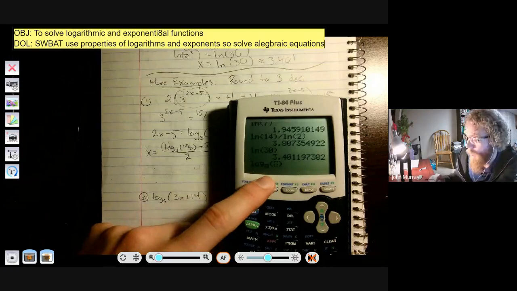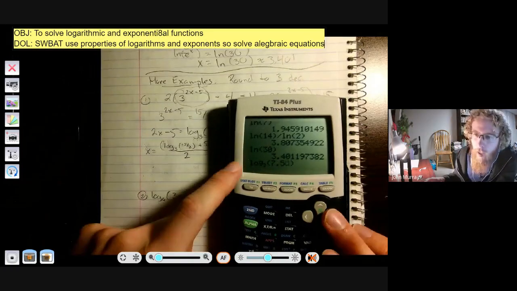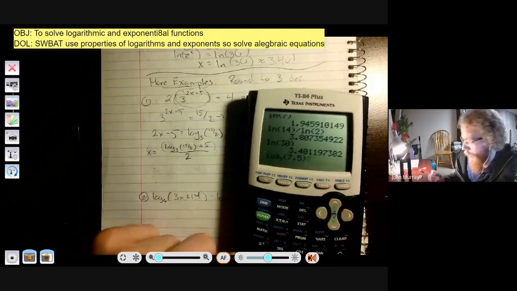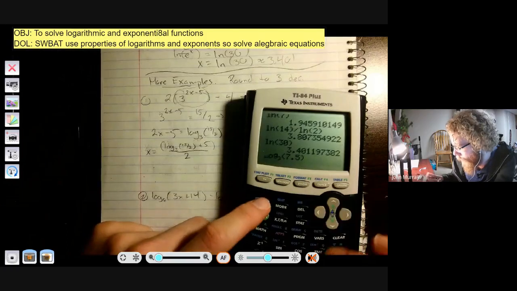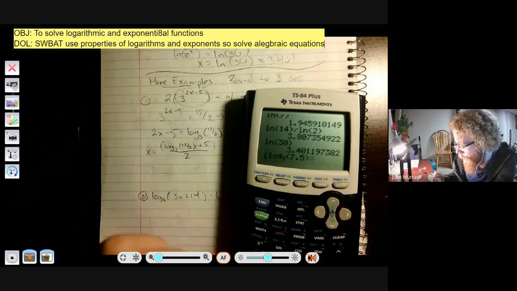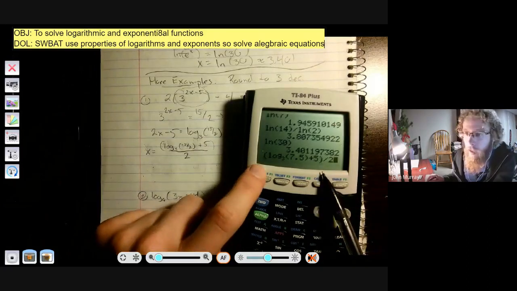So you can enter log base 3. I'm going to type in 7.5, which is the same as 15 divided by 2, and put this in parentheses. Plus 5, close parentheses, divide by 2.